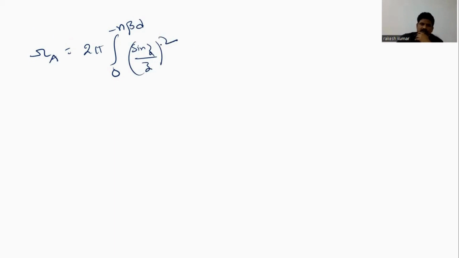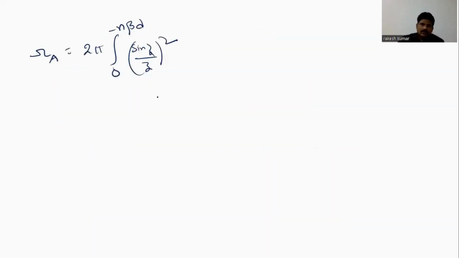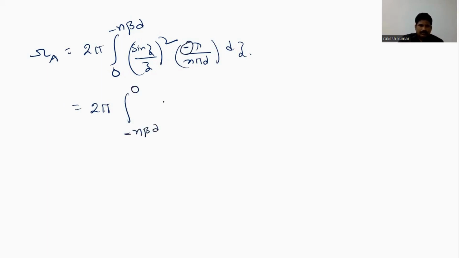What is the value of sin theta d theta? It is equal to minus lambda by n pi d into dz. Therefore, that is equal to 2 pi into this, and I am changing the limits, so it is from minus n beta d to 0 of (sin z by z) whole square into dz.